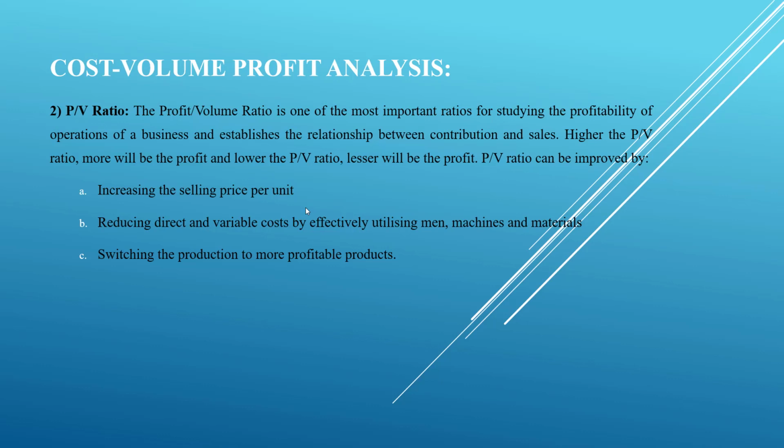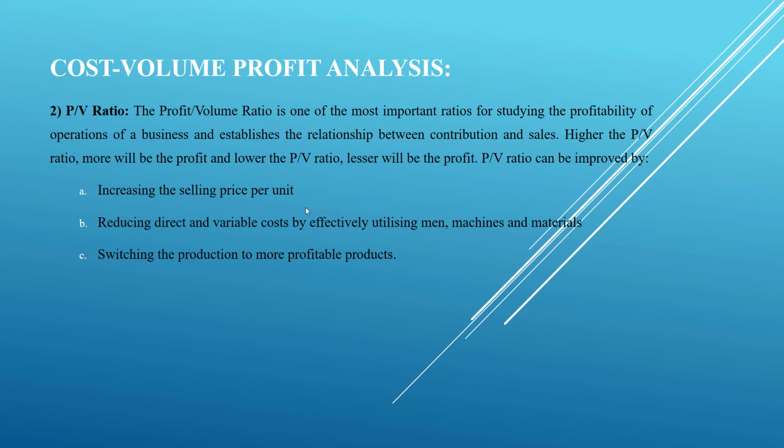And switching the production to more profitable products means those products which, after manufacturing, are giving you more profits. We will concentrate on putting more effort into making those products.